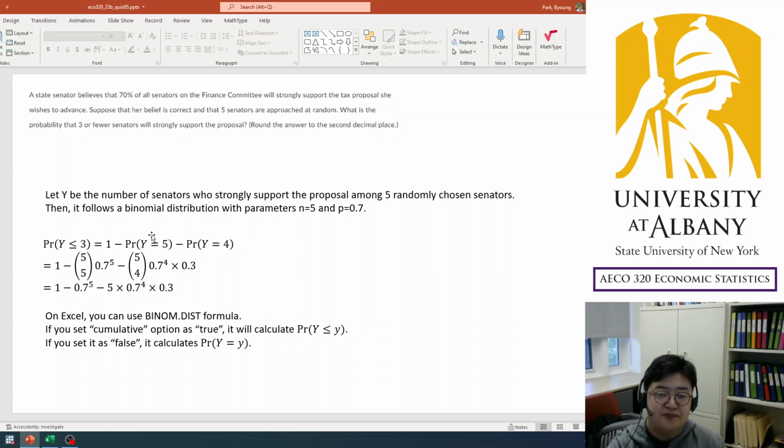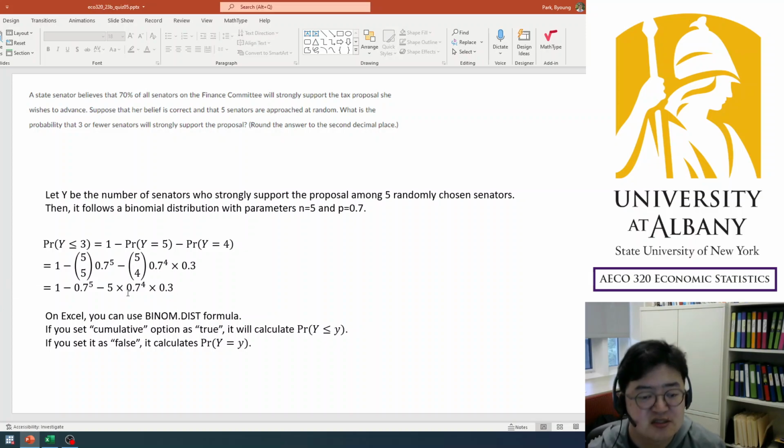If you want to calculate the probabilities for 5 and 4, you can just apply the formula: 5 chooses 5, and 70% happened 5 times. That is the probability of 5. And 5 chooses 4, and then 70% happened 4 times, and 30% happened once. So you can calculate this probability.